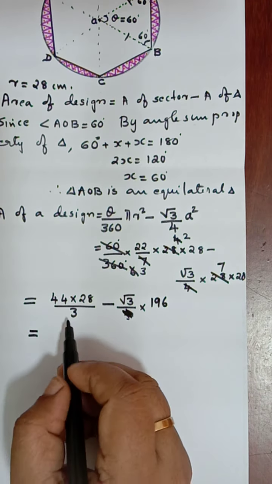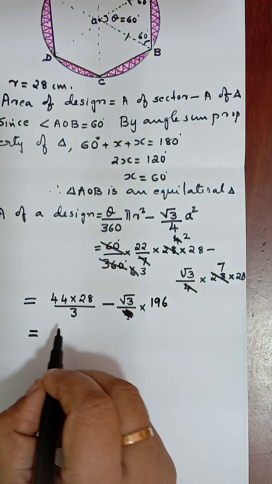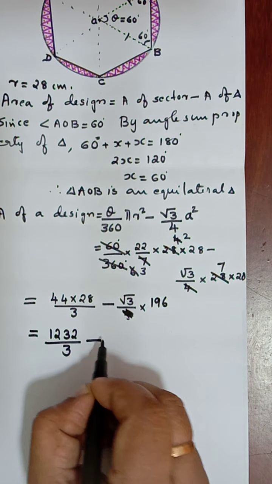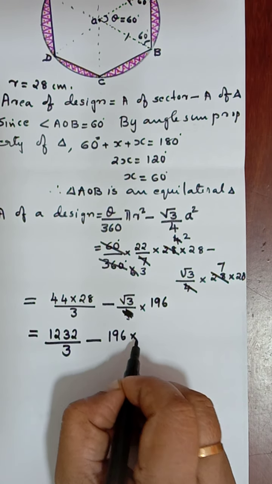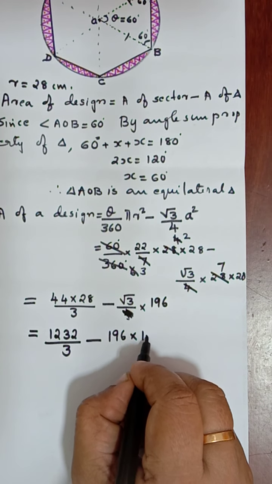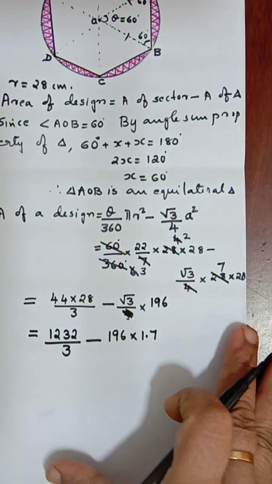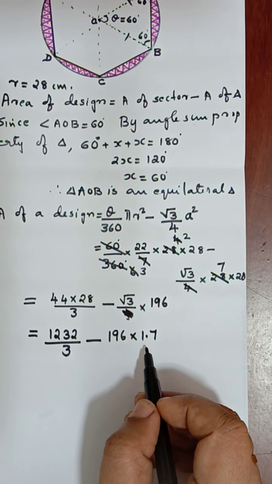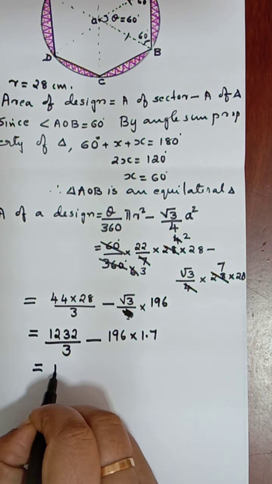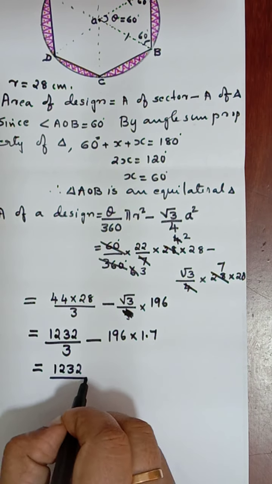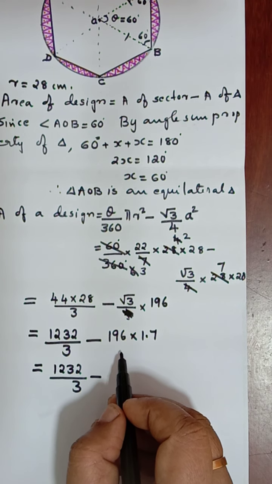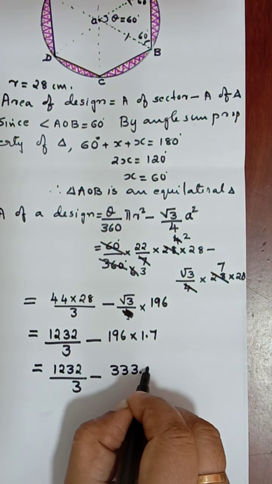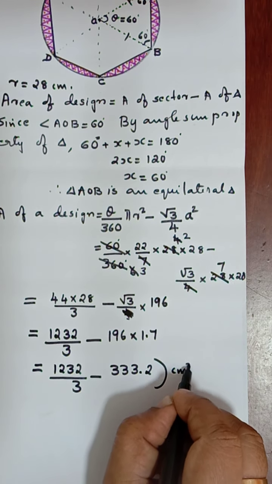So when we multiply 44 into 28, you are getting 1232 divided by 3, minus 196 into root 3 value, they have mentioned 1.7. So let us multiply and find out this value as well as division. So here you have 1232 by 3 minus 196 into 1.7, which is 333.2. So much cm square it is.